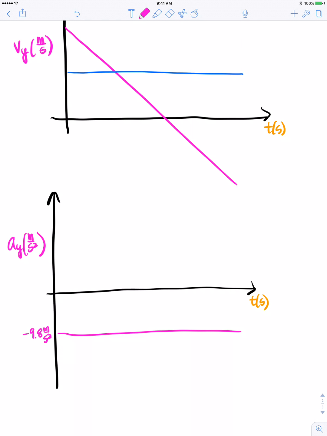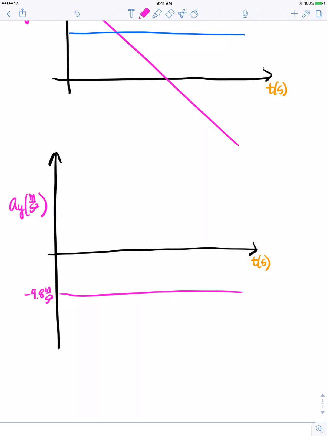Any object in free fall without an applied force, so for example, something flying through the air, something being pushed off a ledge, or even in our ball toss activity, a ball being tossed either just vertically or horizontally to a partner, should experience an acceleration of 9.8 meters per second squared towards Earth. So here you can see our graph of gravity. Now hopefully this information is helpful for you guys to answer your ball toss activity questions and start to think about what is happening in these two dimensions.